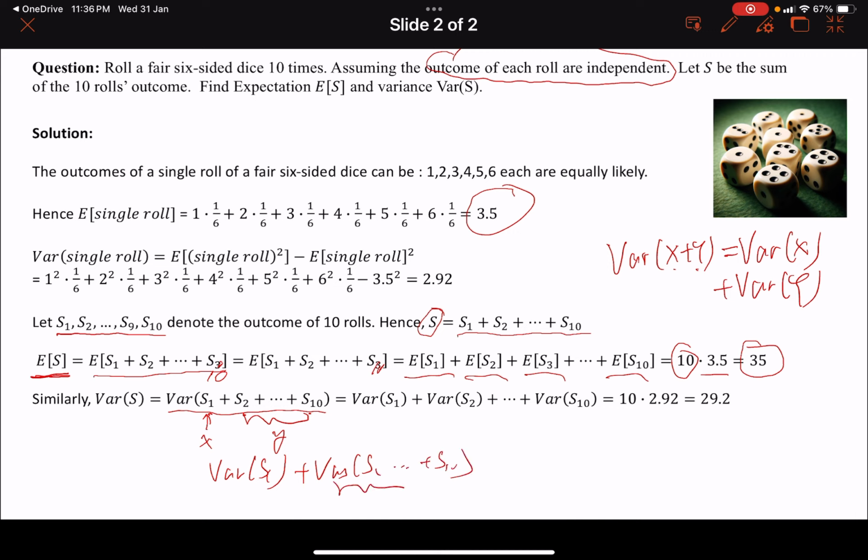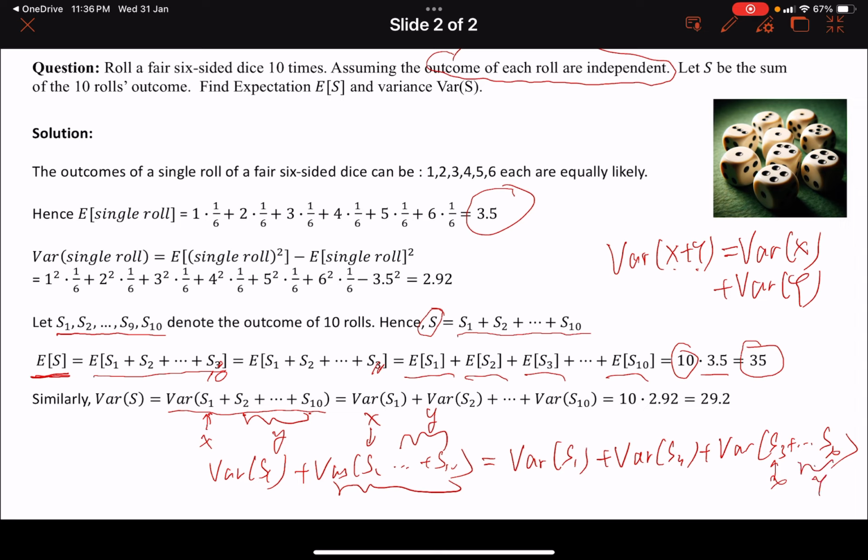Then we can repeatedly apply the same formula, treating X2 as X and the remaining terms as Y. Then this is equal to the variance of X1 plus the variance of X2 plus the variance of X3 until X10. We repeat this, and eventually we get the variance of the sum of X1 until X10 is equal to the variance of X1, the variance of X2, until the variance of X10.